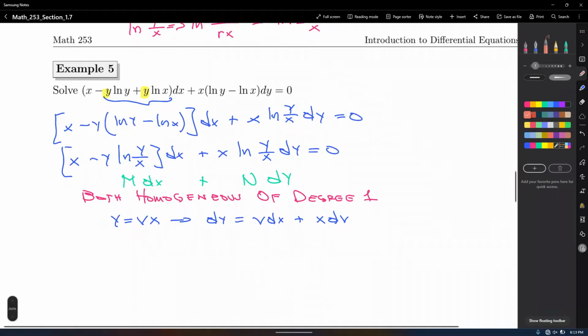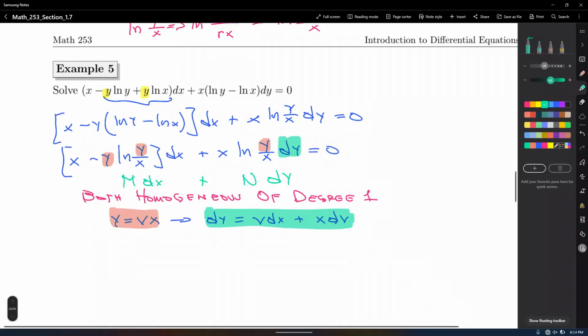Again, let me highlight using the same colors as before. y equals vx. Substitute into every single y in the differential equation. And for dy, there's only one place, right? That'll be dy over here.